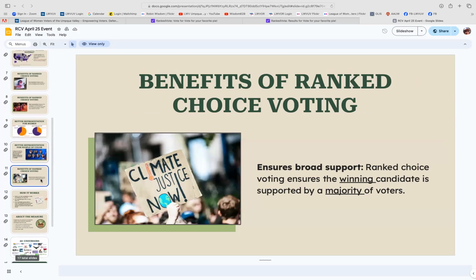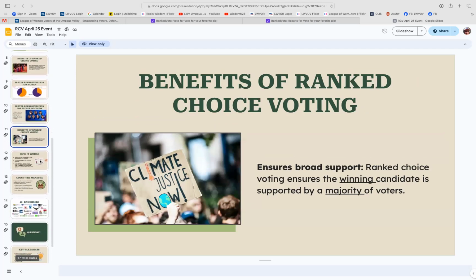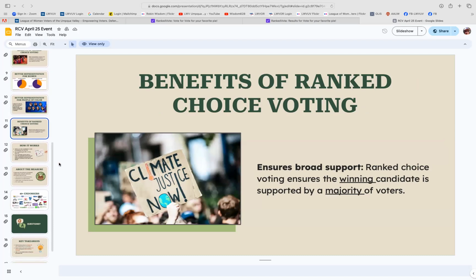So I also talked a little bit about this. Ranked choice voting does ensure broad support. So not only does this translate into the candidate actually having a majority of the voter support, right? It also translates into the policy that they're writing once they do get elected. So right now, I can think of a lot of issues that Oregonians broadly care about. I think that climate action is definitely one of those.